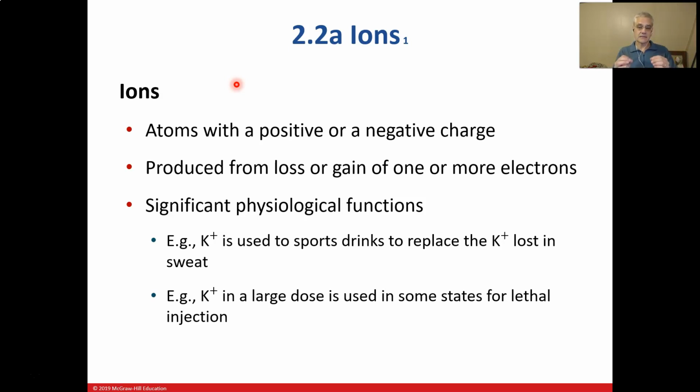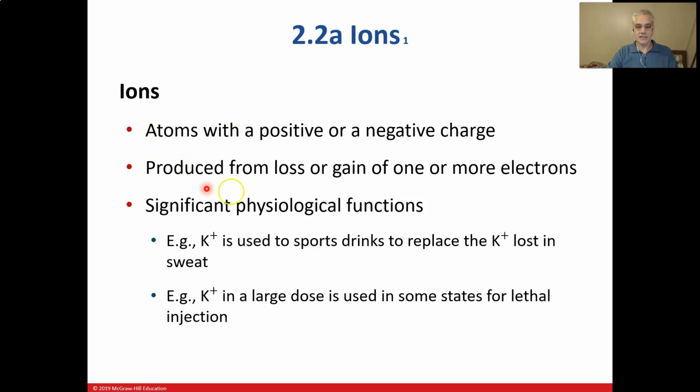An ion either has a positive or a negative charge. That means you've taken whatever atom it was, and you either added electrons to it and made it have a negative charge, or you took electrons away from it and you made it have a positive charge. That's an ion.